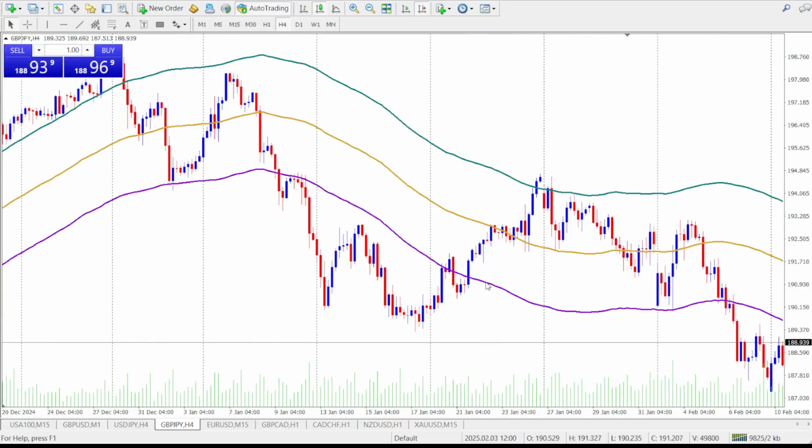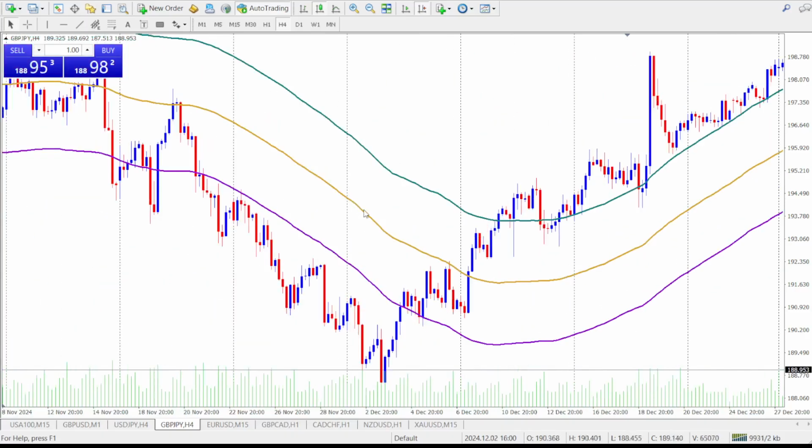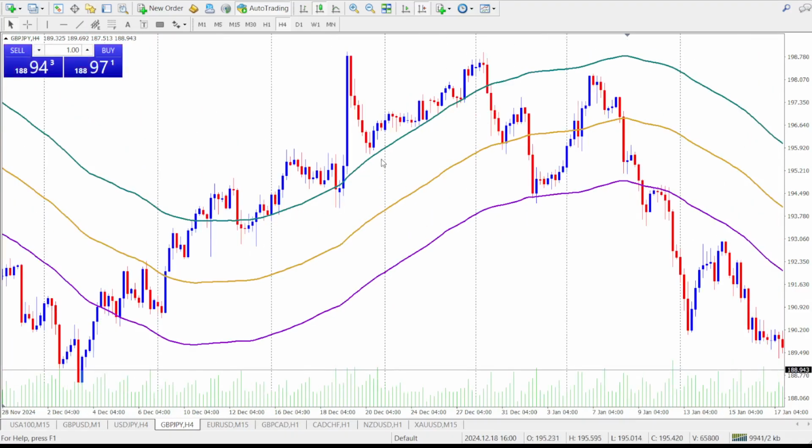On the flip side, for a sell signal, you wait for the price to swing to the upper ATR band, indicating a period of high volatility. When the price touches the upper band, look for a price rejection to the downside. In this particular case, the price actually even went above the upper band and then came back down. So the volatility was quite high around this zone.